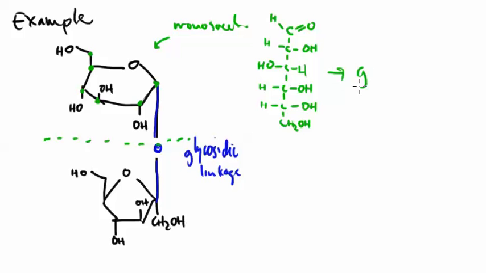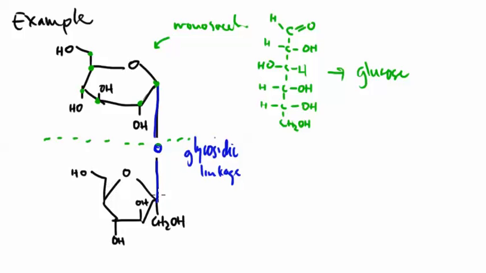So again, I do the same thing. I look at the total number of carbons, right? So here is the hookup, and that's also the carbon that's attached to the oxygen. So number 1 and 2 and 3 and 4 and 5 and 6. So there's 6 carbons here as well, right?